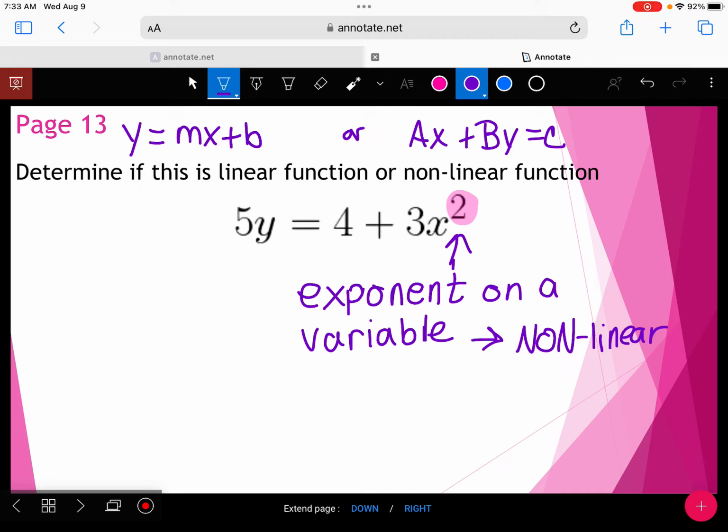So this one we didn't even have to move stuff around. And it doesn't make any difference if that exponent's on my x or if we had an exponent on the y. It still means it's not a line.